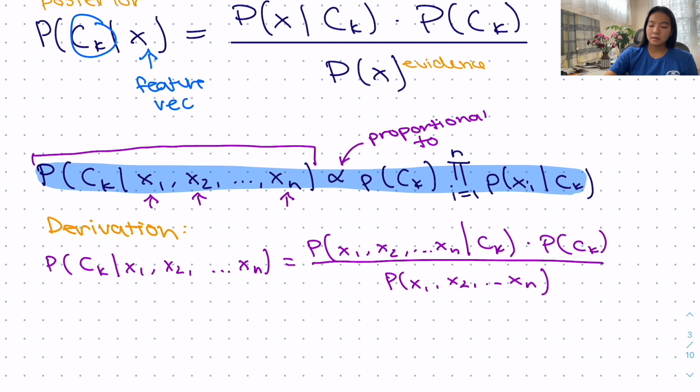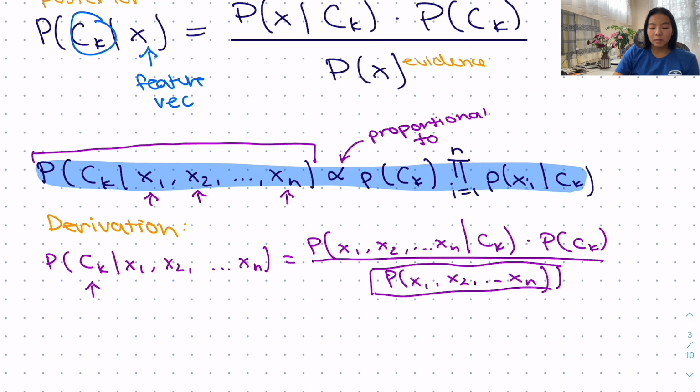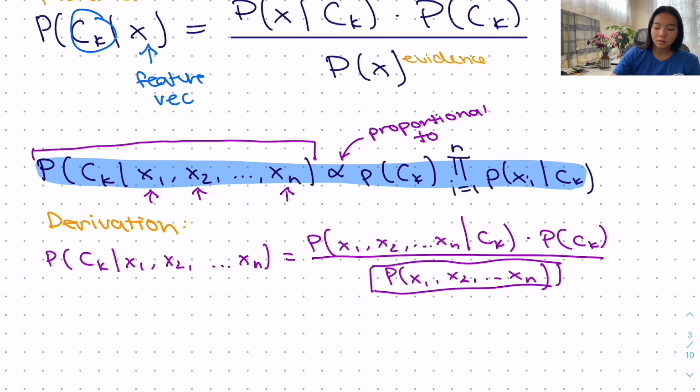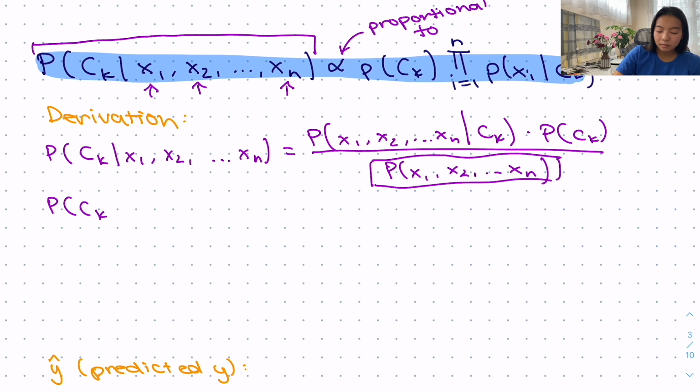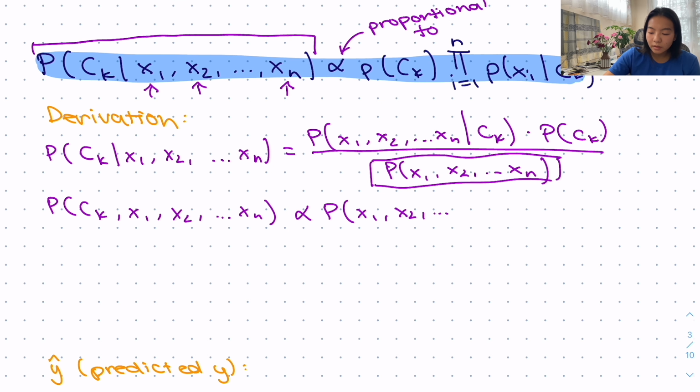And this denominator over here, you might notice that it has no impact on the class. That number doesn't depend on the class, right? So this is going to be constant for all of our different classes. So what I'm going to do is make things simpler. I'm just going to say that this probability, X1, X2, all the way to Xn, is proportional to the numerator. I don't care about the denominator because it's the same for every single class. So this is proportional to X1, X2, Xn, given class K, times the probability of that class.